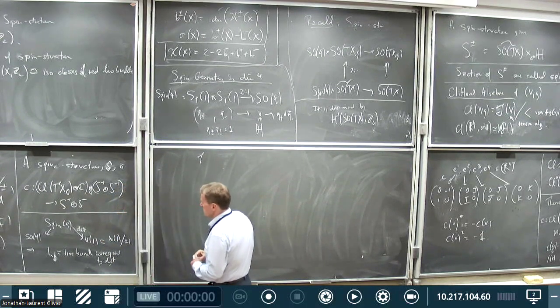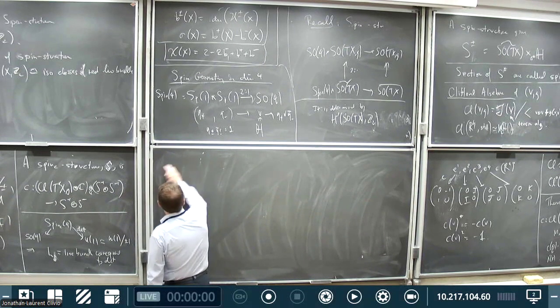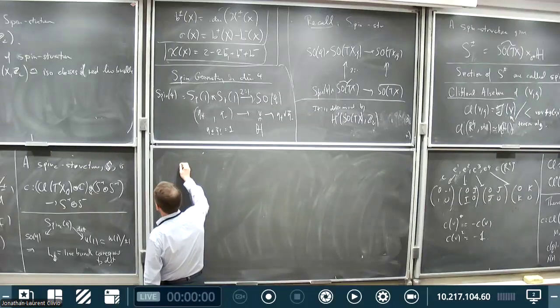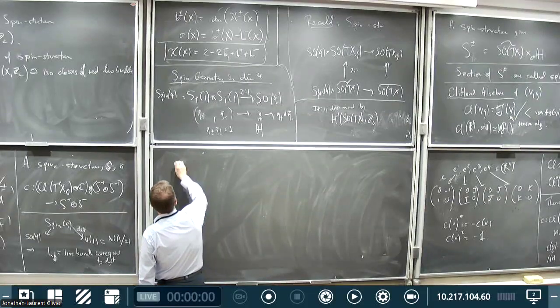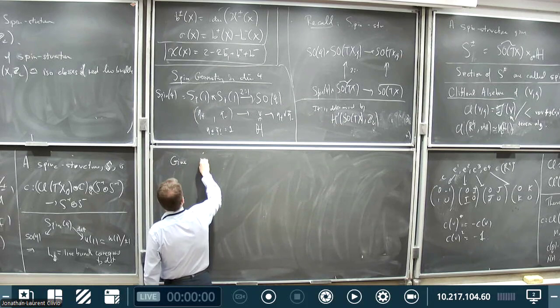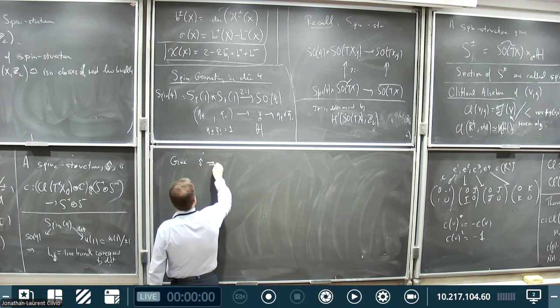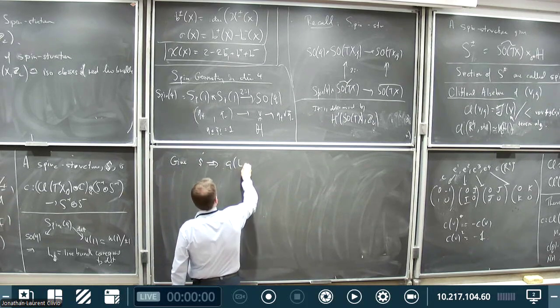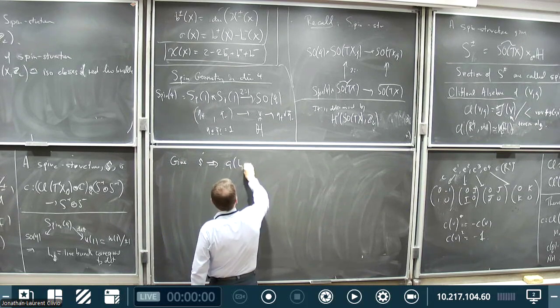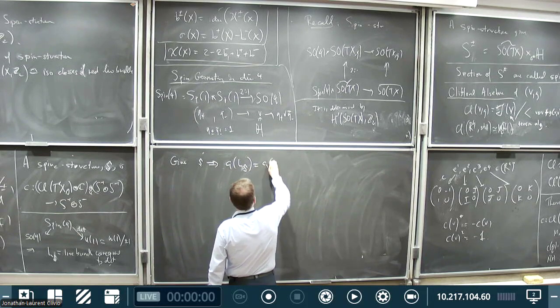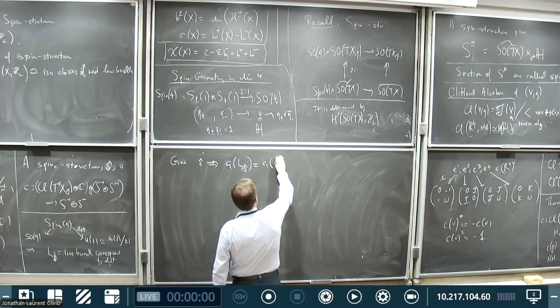So if I have a spin C structure S, there's a preferred cohomology class, which is C1 of this determinant line bundle, which is even, we'll just call that C1 of S.